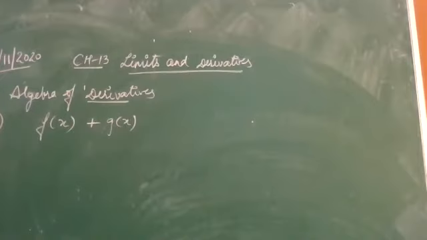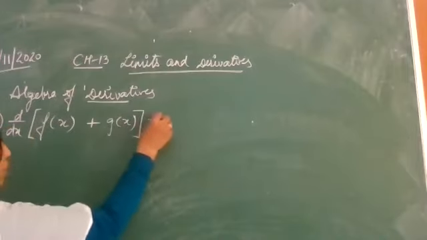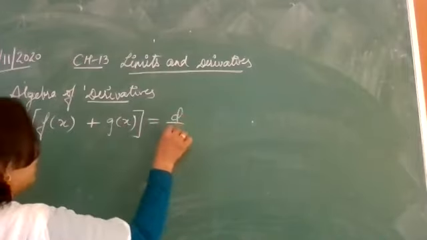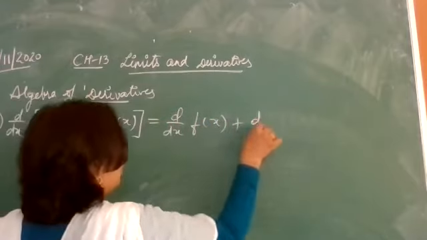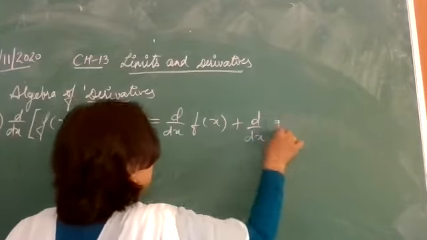After addition we are taking the derivative of this addition. We can also write it as derivative of f(x) plus derivative of g(x).